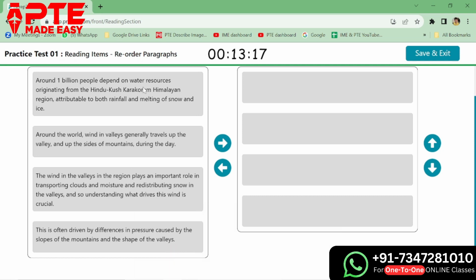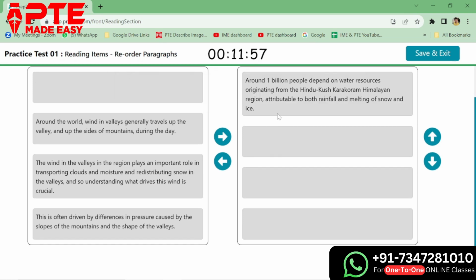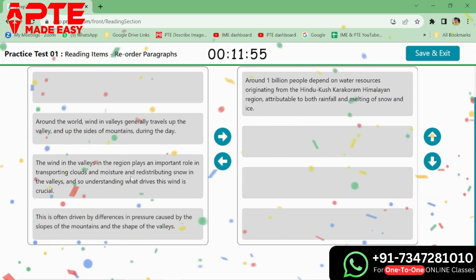Around 1 billion people depend on water resources originating from the Hindu Kush Karakoram Himalayan region, attributable to both rainfall and melting of snow and ice. So they are referring to something. This is what they are saying, that they depend on water resources. Then next, around 1 billion people depend on water resources. So this is the first sentence.